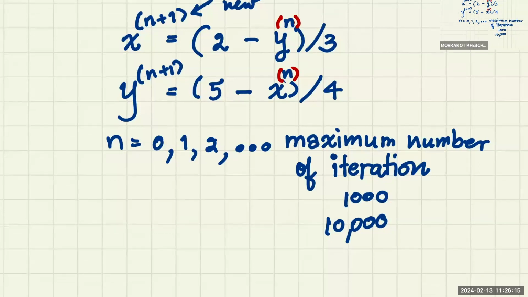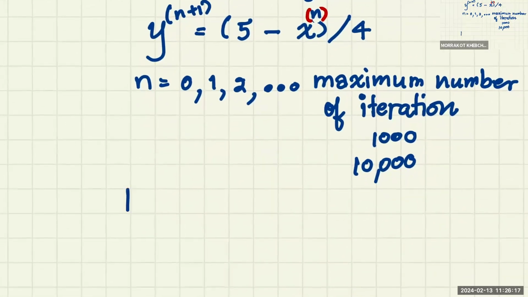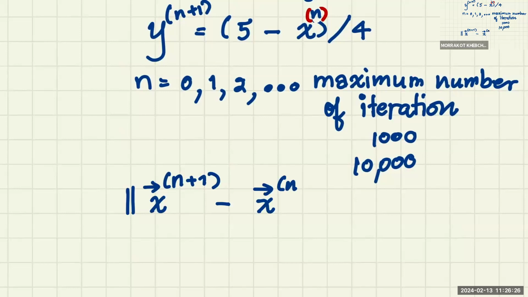And also the other one you have to set is the maximum of x sub n plus 1 minus x sub n less than epsilon. If you want only 3 digits, you might say, okay, less than 10 to the minus 3.